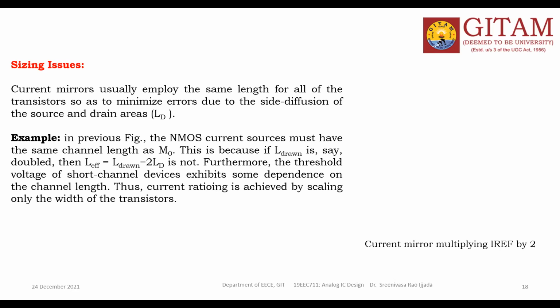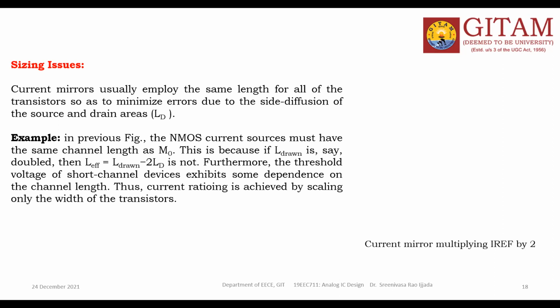In the earlier application, we have seen a big circuit where the current mirror is applied to the differential concept. The NMOS current sources must have the same channel length as M0.